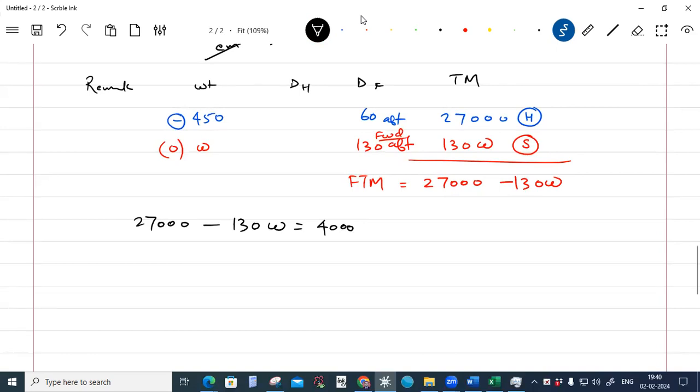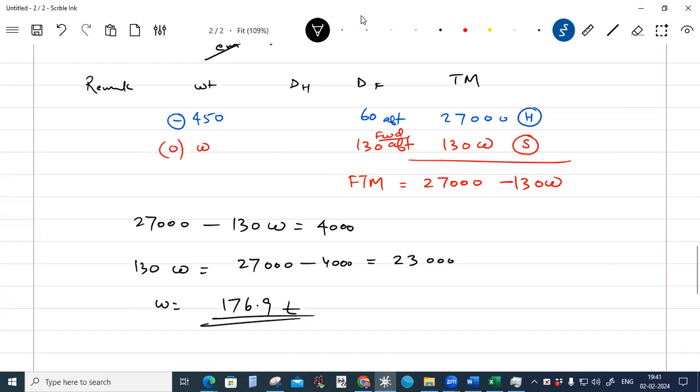You can easily find 130 W is equal to 27,000 minus 4,000, that is 23,000, right? 23,000 divided by 130 is 176.9 ton.